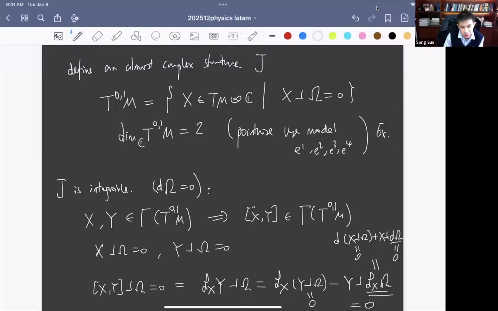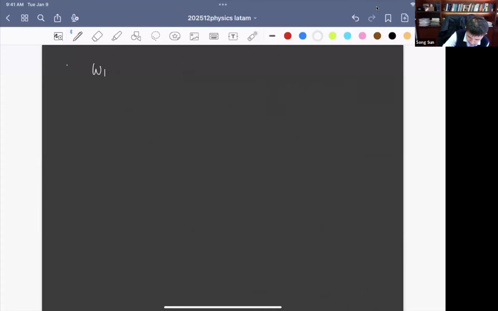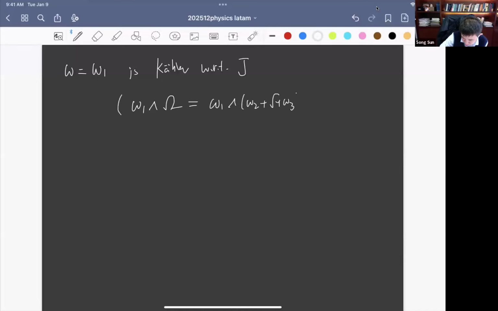And again, using the local algebraic manipulation, one can see that omega 1 is actually Kähler with respect to this complex structure J. One thing we know is that it has to be of type 1,1, because omega 1 wedge omega, which is omega 1 wedge omega 2 plus square root of -1 omega 3, is of course 0 by definition.